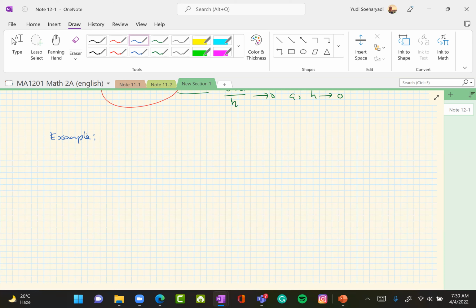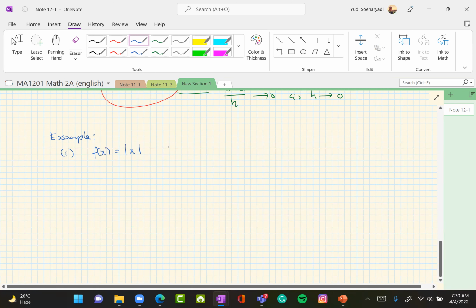Yes, that's the easiest one. We know that this is not differentiable at x equals 0. This is the picture.